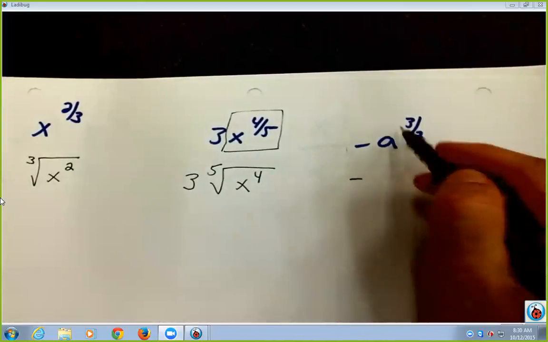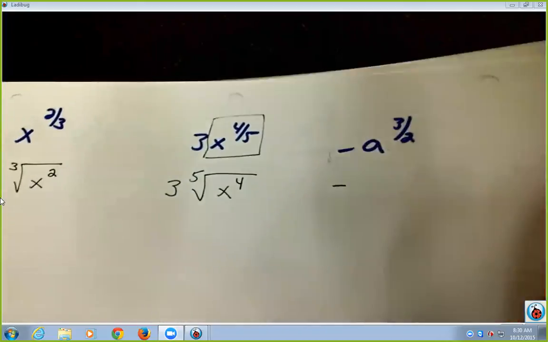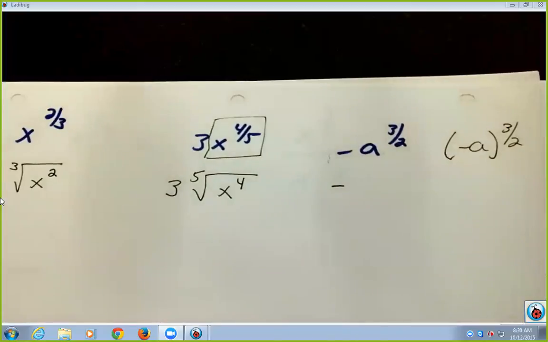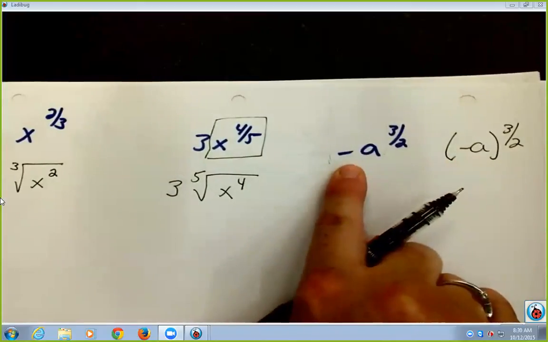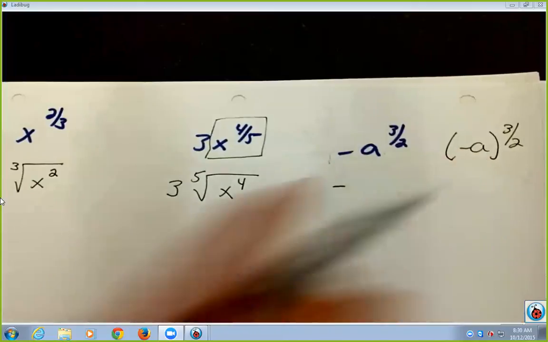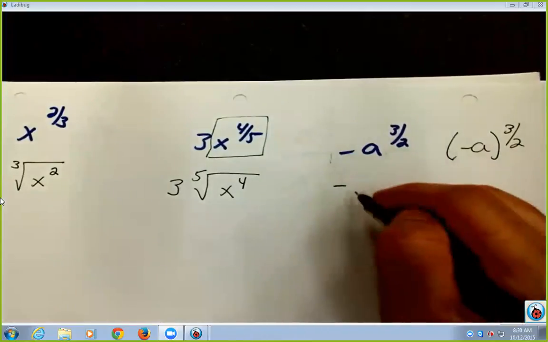Now, if this would have been inside of parentheses, if it would have looked like this, -a to the 3/2 with parentheses around it, that negative's connected to the a. But if it's not with parentheses around it, then you don't have that combination in there. So where does it go?